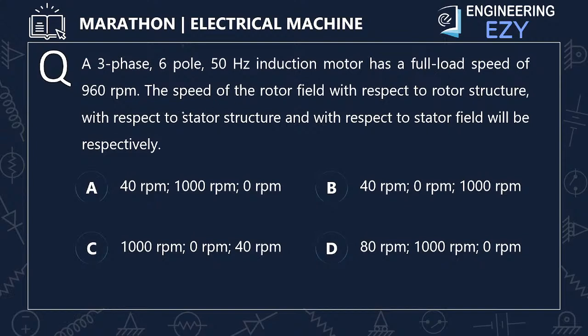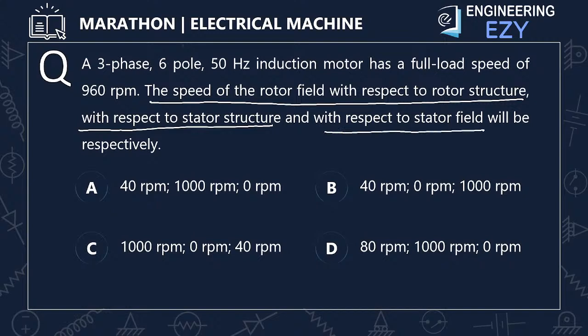Second, the speed of the rotor field with respect to the stator structure. And third, the speed of the rotor field with respect to the stator field. You have to calculate three speeds, and the rotor speed is given as 960 rpm, for a 6 pole 50 hertz induction motor.